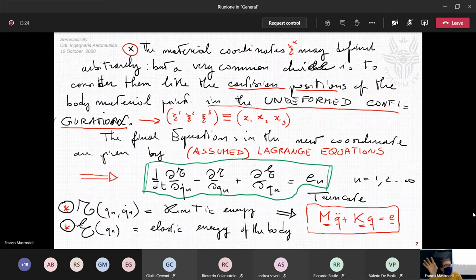In other courses, for example, the courses of aeronautical structures, I will obtain the final equation of motion by using first principles. For first principles, I have in mind the momentum equation for the elastic body, the constitutive relationship for the material, and, for example, the kinematic relationship relating the strains and displacement.